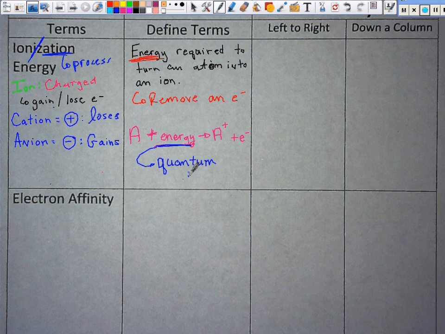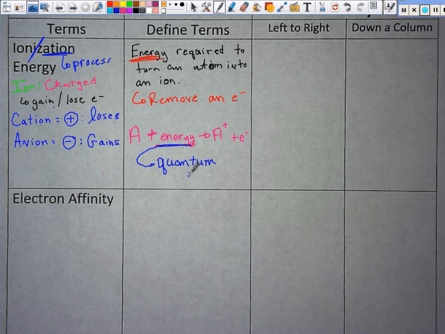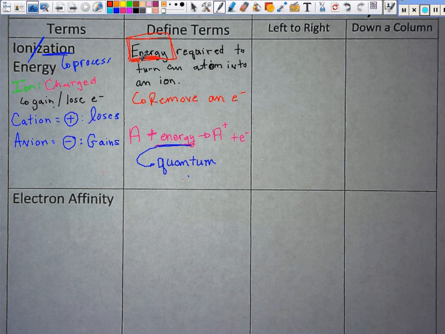This is exactly what we're trying to do. So this is what's going on in an ionization energy process. Again, the whole key is how much energy is required to remove an electron. Now, what groups do you think require the least amount of energy? Group 1 or group 17? Why group 1? It's got 1 electron.